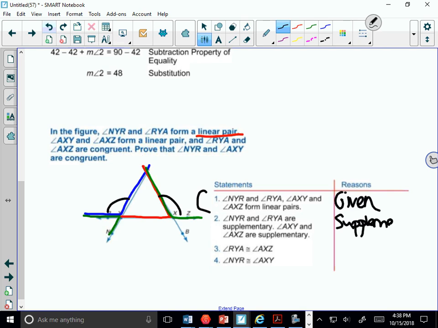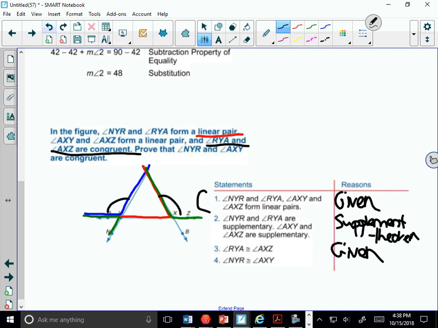Basically what it says is that if I have two angles that form a linear pair, then they're supplementary angles. That's all the theorem says. The next thing they gave me, RYA is congruent to AXZ. That is one of my givens. It's a little bit wordy, but they did give it to me. So that's a given.